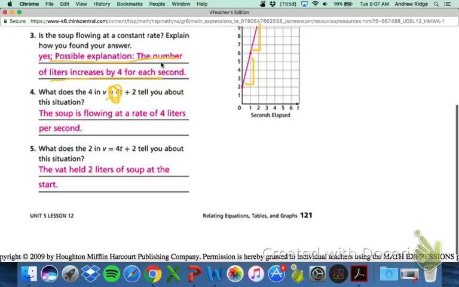It's because that's the relationship per second, right? T is the time in seconds, so it's 4 every second, so it's literally your rate. So when you're writing it as an expression, that is what a constant rate looks like, right? And what does the 2 in this tell you? It tells you the vat had 2 liters to start with. Anytime you're adding. And that was that.